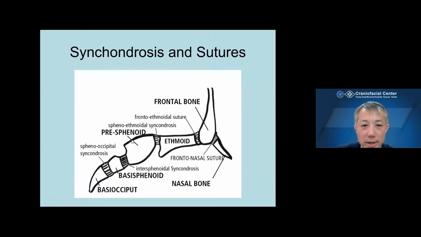And the skull base is superior to our nasopharynx or velopharyngeal airway. So with this growth compromise, the airway will be smaller than in a normal child.